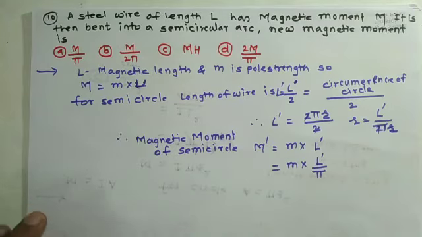So here the effective length L dash is equal to 2 times L upon pi.